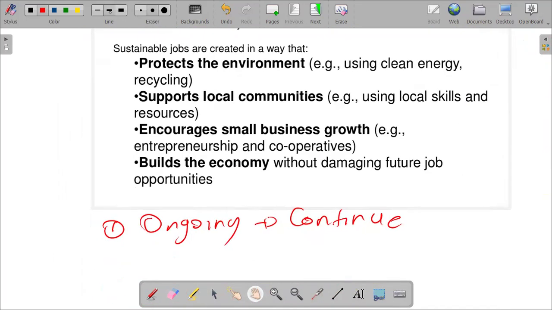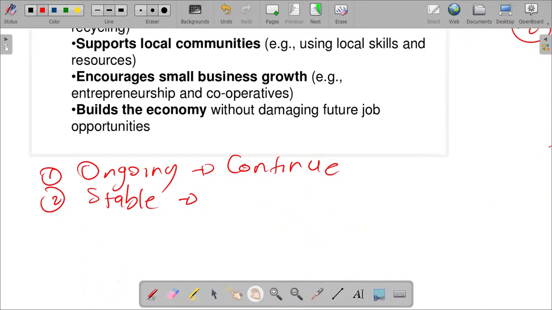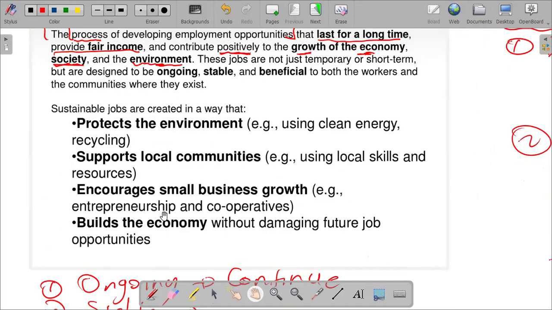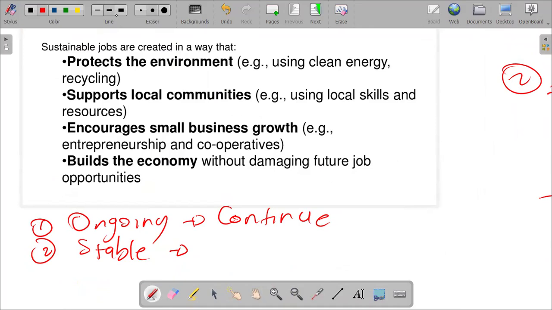Number two, these jobs must be stable, meaning they must not stop at one point to the other. They must be ongoing and stable, meaning they are not, in a sense, breakable. They must be willing to be worked every month, so to put it. So they must be stable in a sense where even if the economy crumbles, the jobs are still there, right?